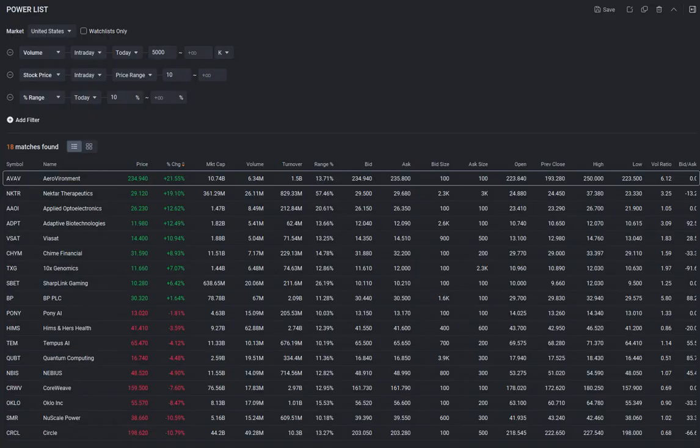So this list carries liquidity and a lot of power, because in order to reach this 10% range threshold, you need a lot of volume, a lot of price action, and the motivation for buyers to keep buying, or keep selling and buying and selling. So the volatility is tremendous. That's what we want.